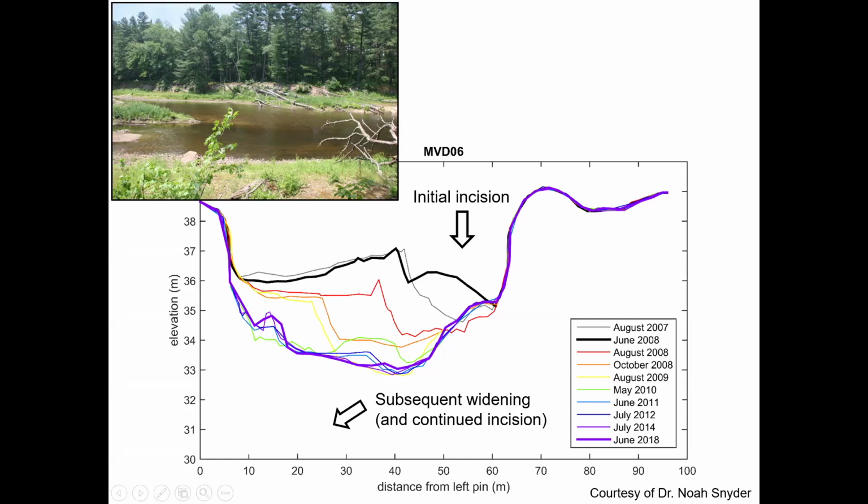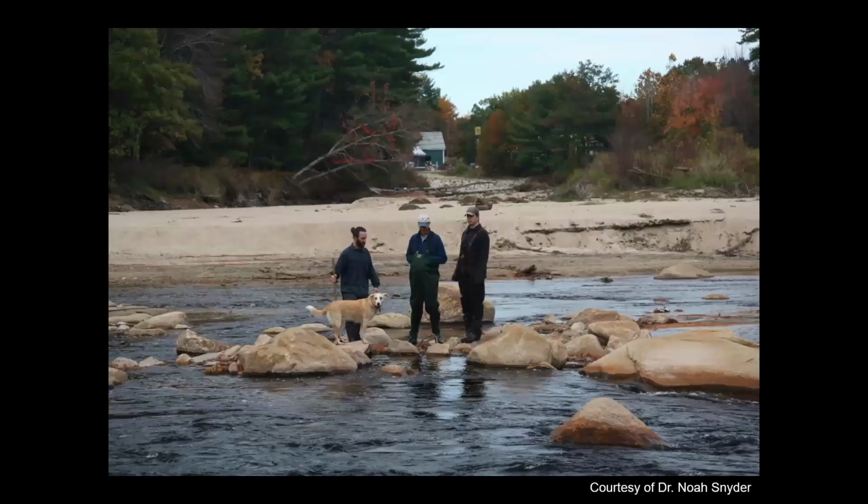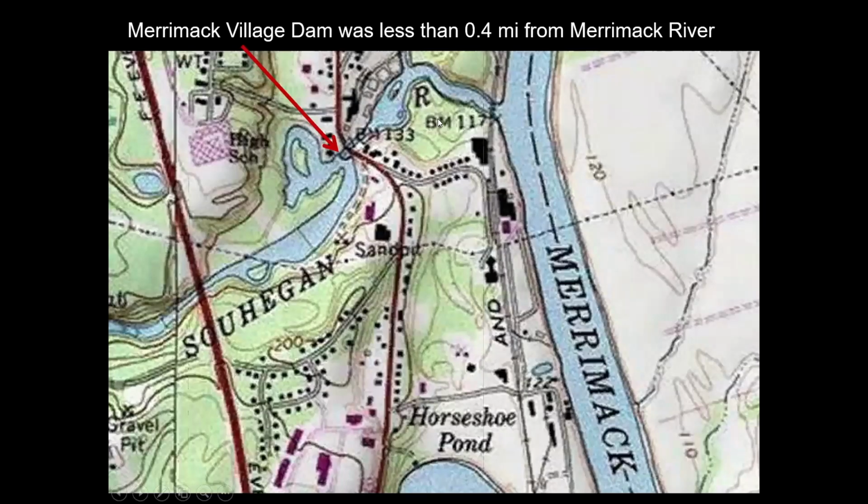But where does all that sediment go? It's moving downstream, and immediately downstream of the Merrimack Village Dam, there were huge waves of sediment, large sandbars developing, which subsequently eroded and continued downstream to the Merrimack River. The Merrimack River was only less than a half a mile downstream.